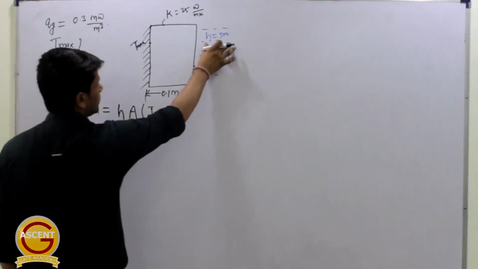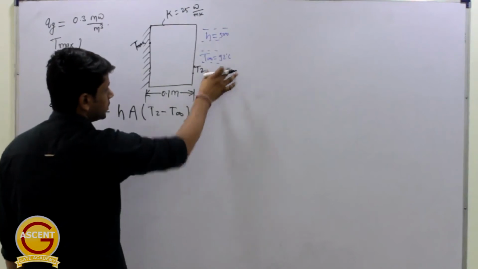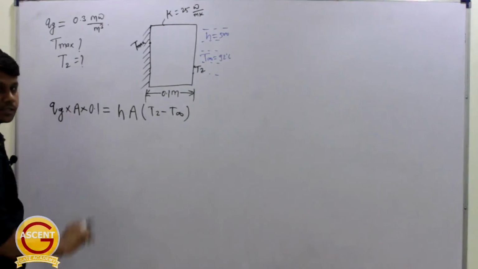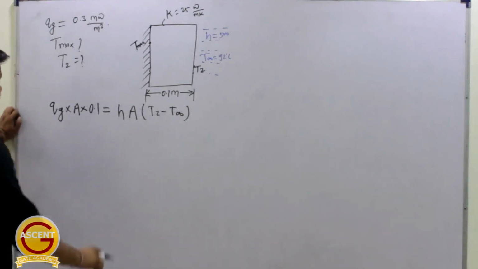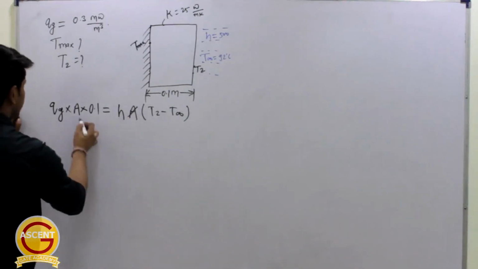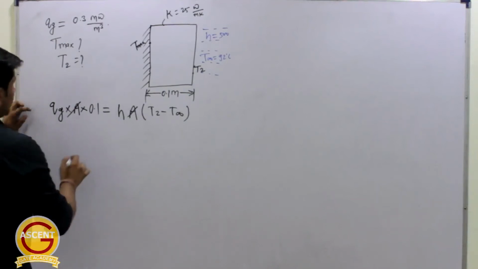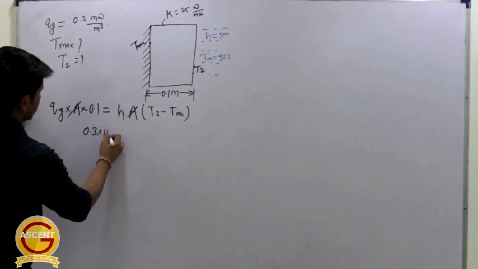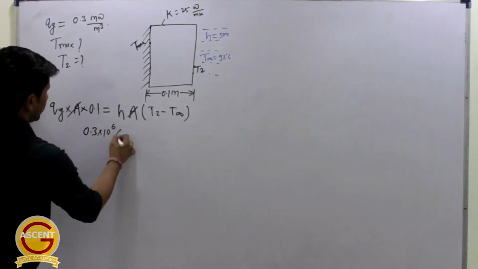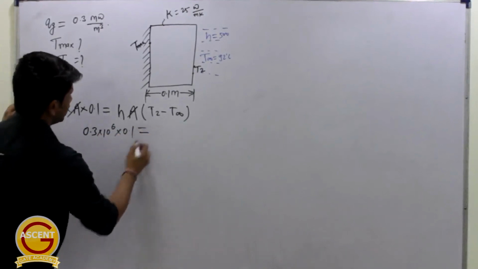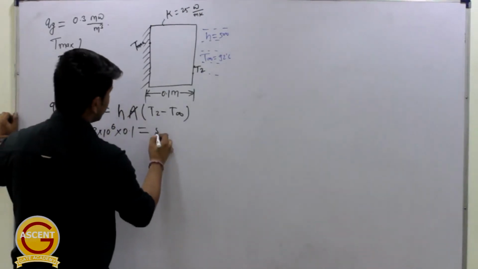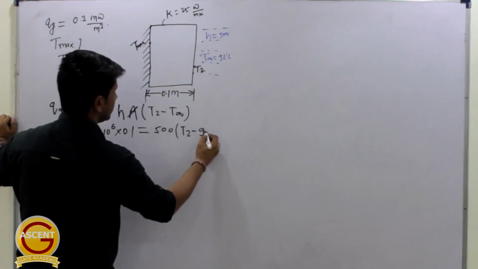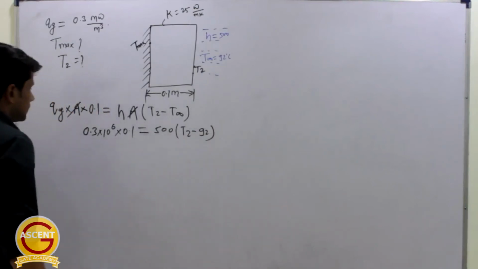So as the convective heat transfer coefficient and temperature of fluid are given, I have taken this convection equal to heat generation, right? Now just put the values, this area will get cancelled. Qg value is given as 0.3 megawatt, so it will be into 10 power 6 multiplied by 0.1 is equal to, in place of h we will write 500, T2 minus T infinity is 92, right?